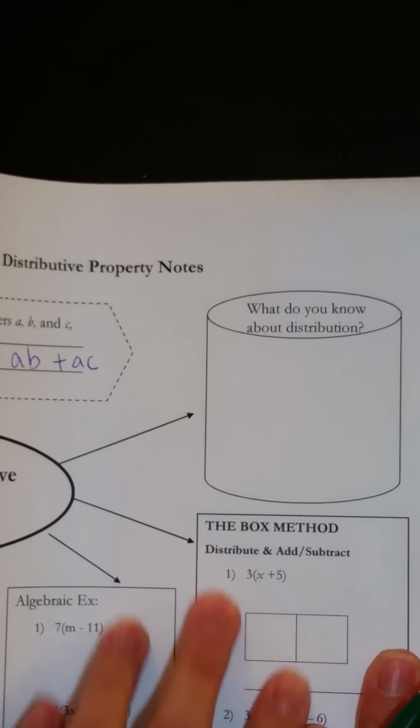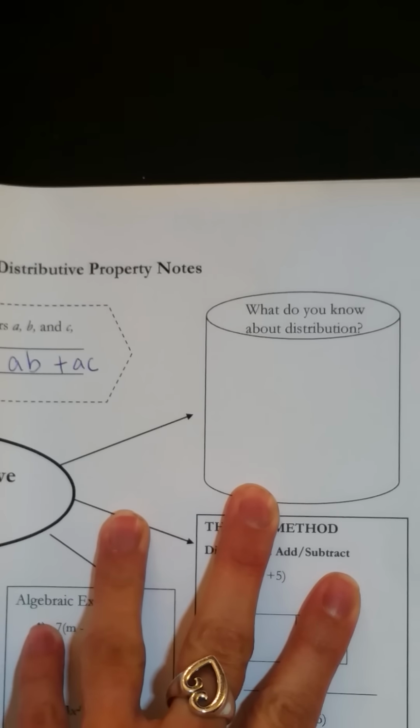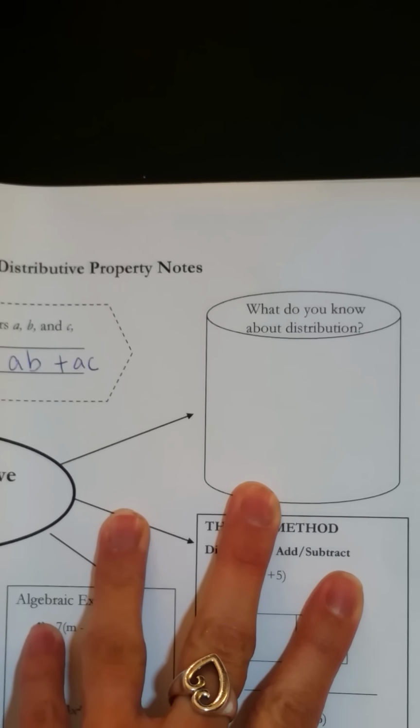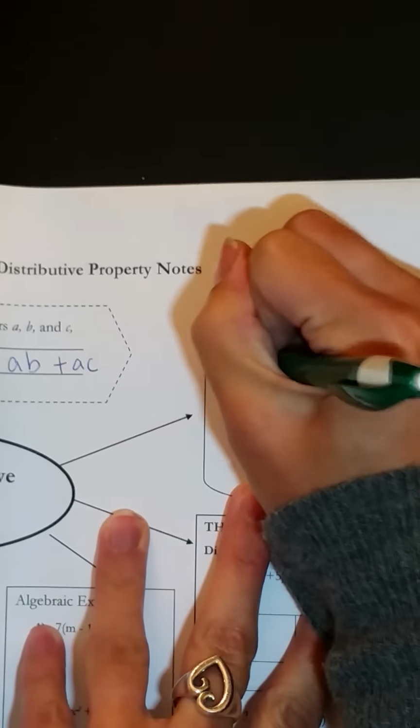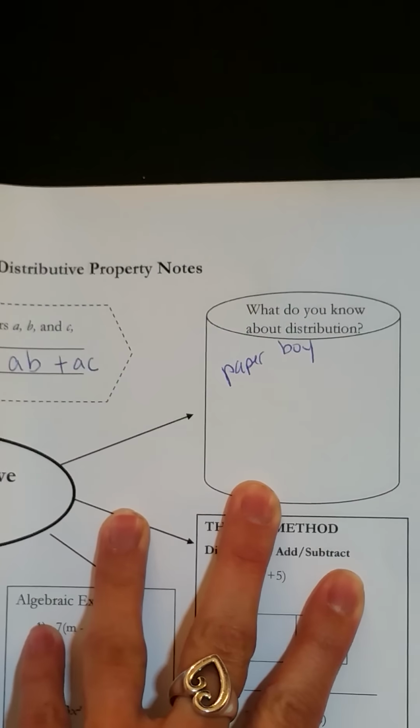Over here to the left, what does distribution mean? Well, let's think of a way that you might recognize it. Maybe like a paper boy or the paper guy or whatever, paper girl. Another way would be helping pass out the papers for the teacher.